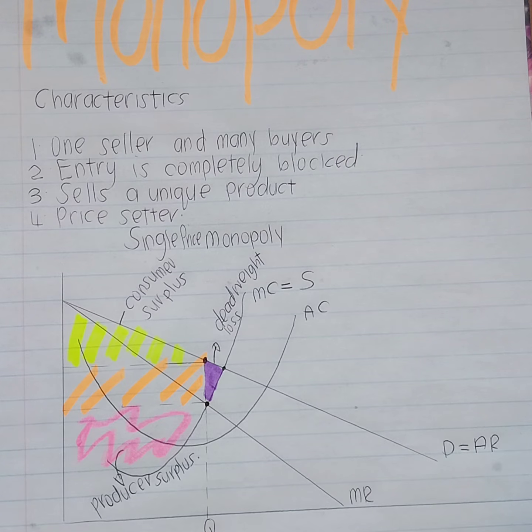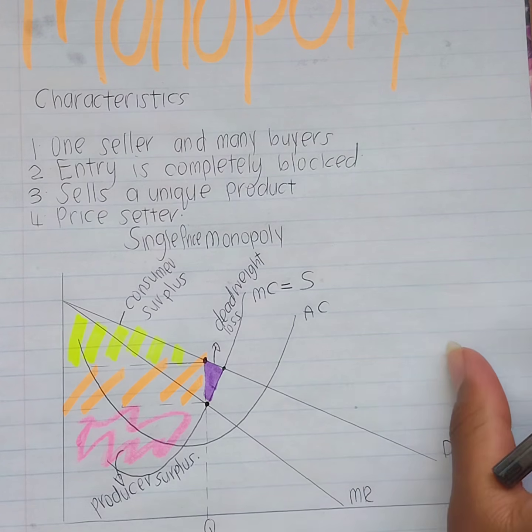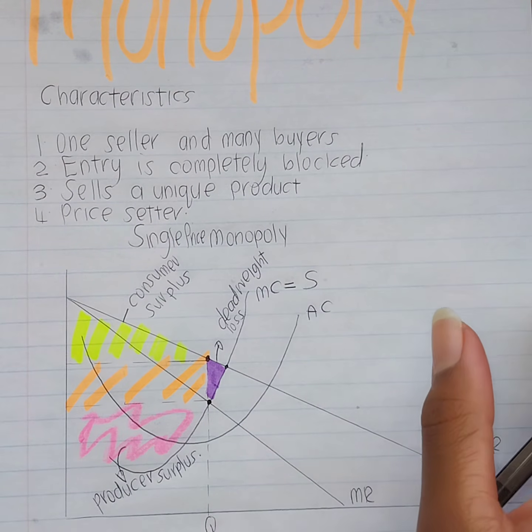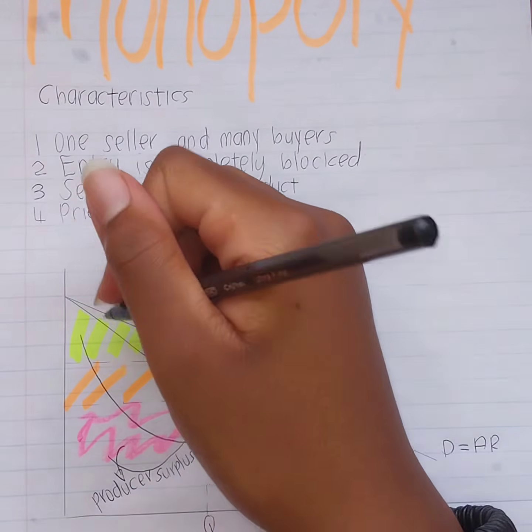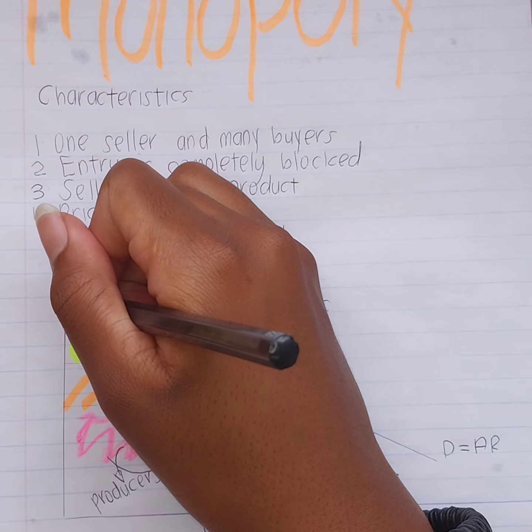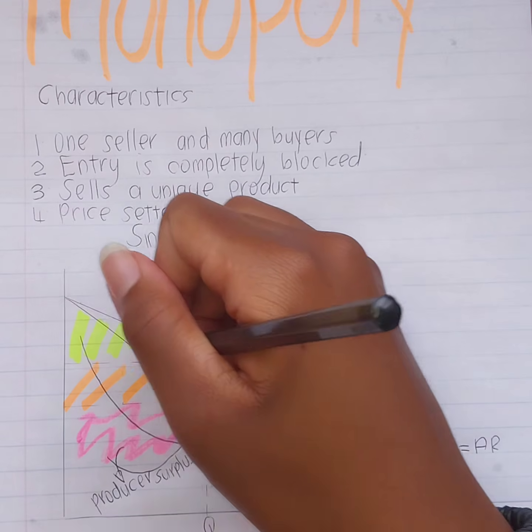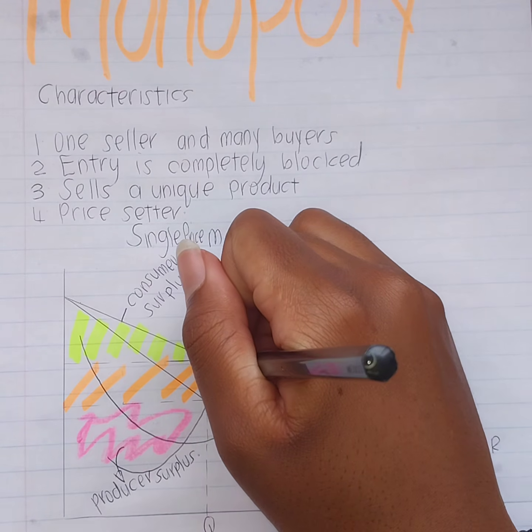So with the price discriminator monopoly, you need to understand the theory of consumer surplus. What is consumer surplus? I'm going to go in depth with consumer surplus in another video, but basically consumer surplus is you looking at your demand curve. So the first consumer was willing to pay this high price, but they ended up paying this low price.